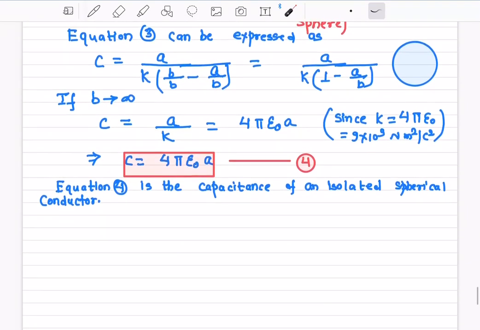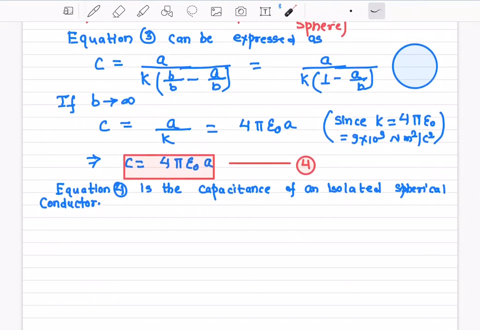So what you can see here is that we can increase the capacitance by increasing the radius of the sphere. And to make a 1 farad capacitor, you need a much bigger radius, and I'll talk about that in the next video.